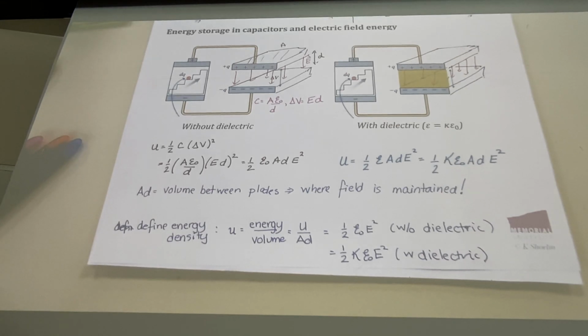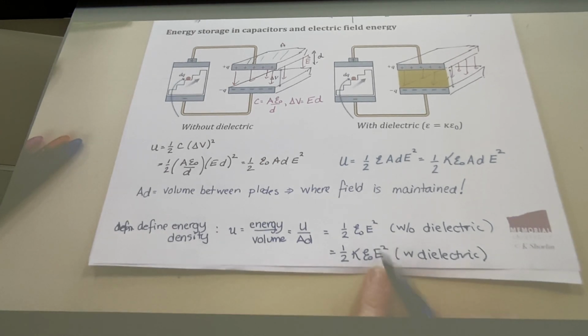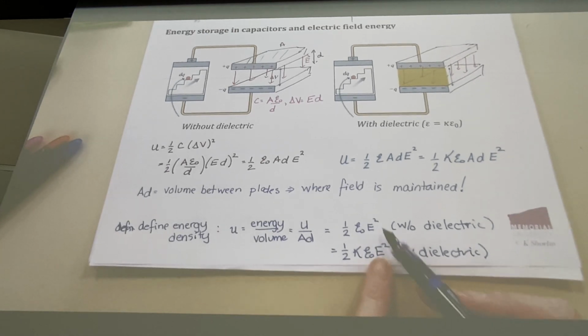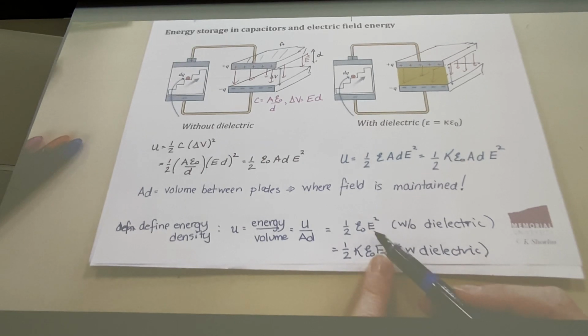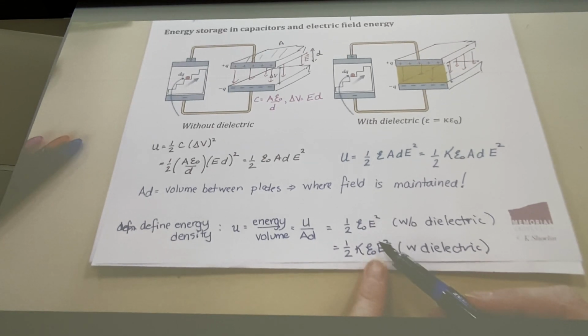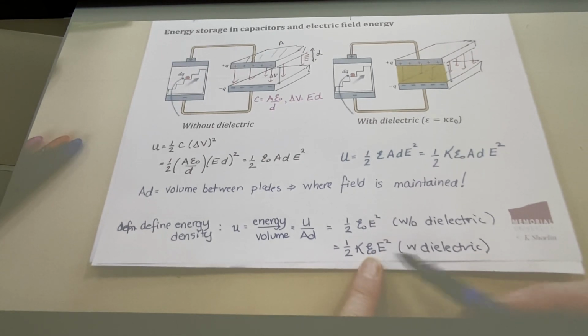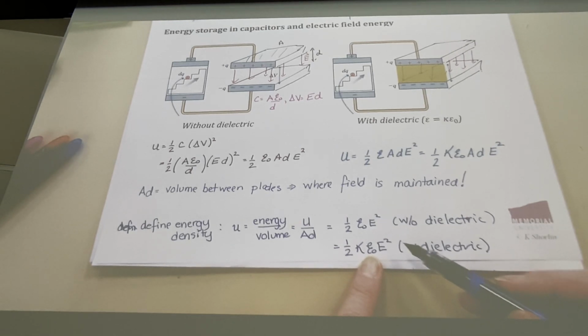So to me that's kind of exciting. It says that the amount of energy only depends on the electric field. All of a sudden the capacitor itself doesn't matter anymore because we're talking about the energy density. This is a descriptor of electric energy stored in any electric field.